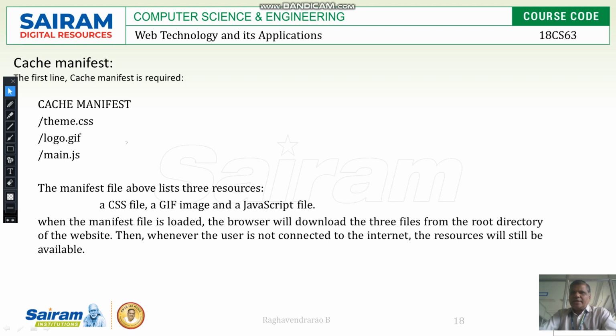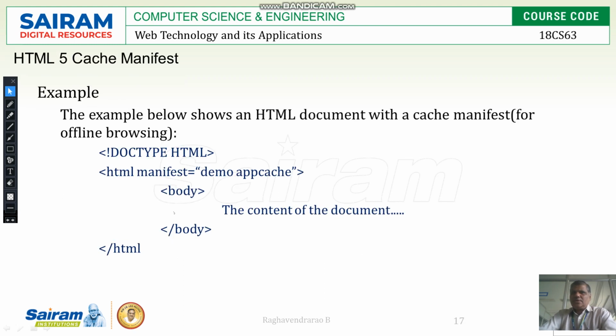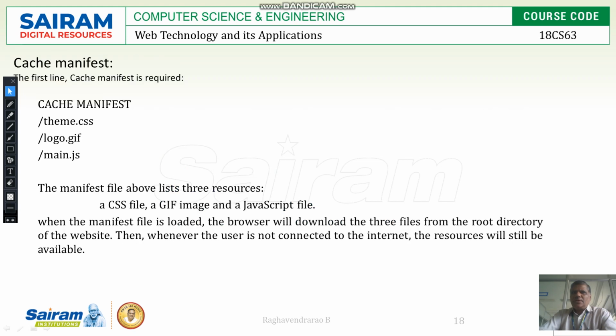If you do not write the manifest, then whenever the user is not connected to the internet, the resource will not be available. If you write the manifest, the data will be available; if you do not, the data is not stored. This is the only difference in the cache manifest.